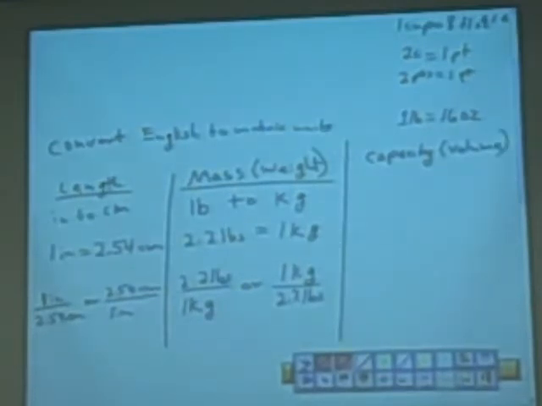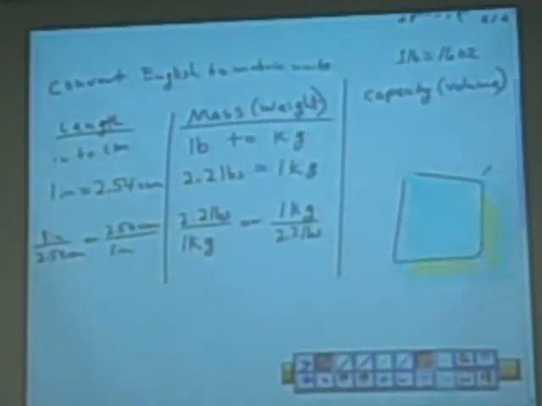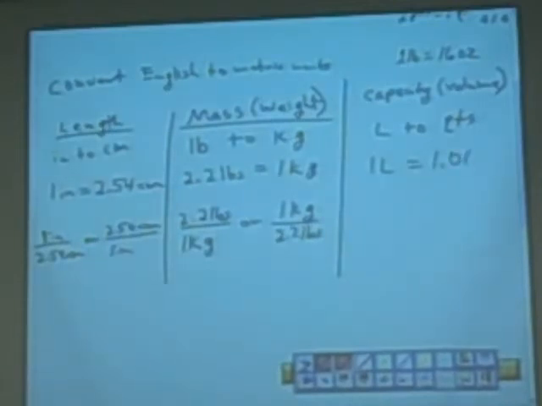And basically, when we talk about volume, remember the illustration about the yard, so 1 liter is equal to 1.06 quarts.